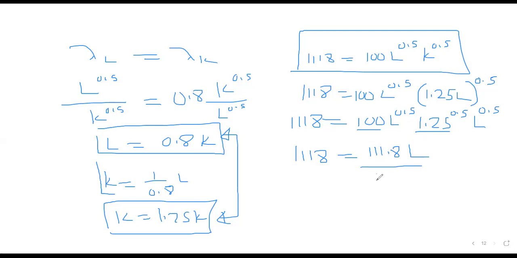When we divide here, 111.8 by 111.8, our L becomes 10. So when we put this L in there, our K becomes 12.5.